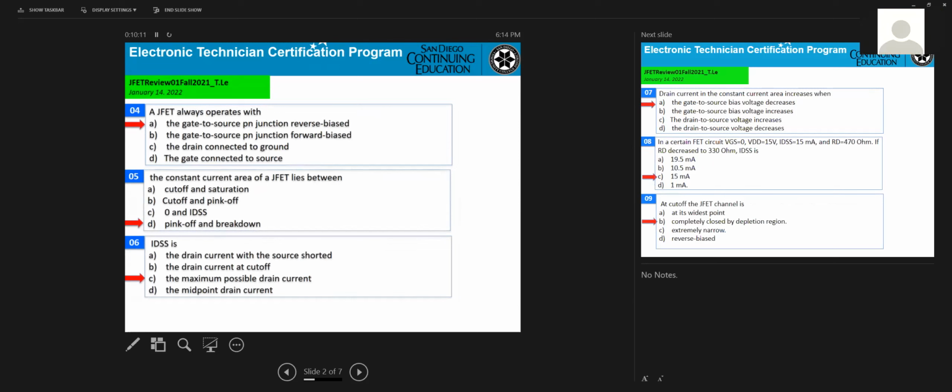Okay. So 5 and 6, did you say they're related? The constant current area of the FET lies between breakdown and pinch-off. Right. That's the constant current area, IDSS.